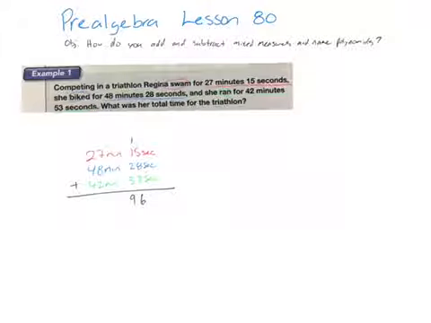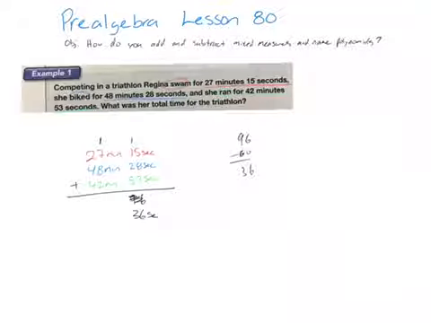So what I'm really going to want to do is 96 minus 60. It's a 60, believe it or not. So this is going to be 6 minus 0 is 6. 9 minus 6 is 3. So I'm actually going to put here 36 seconds, and I'm going to carry the 1.